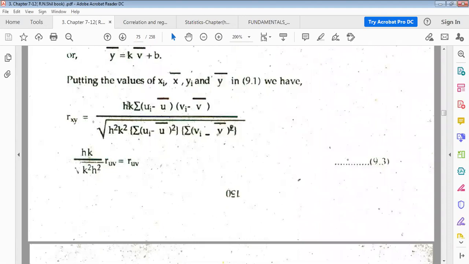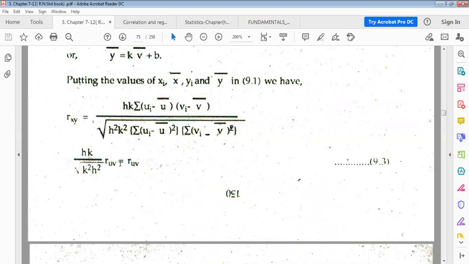Then we can write sk here, and this sk and this sk will be cancelled, and this will also be cancelled. So this formula can be written as r_ub.